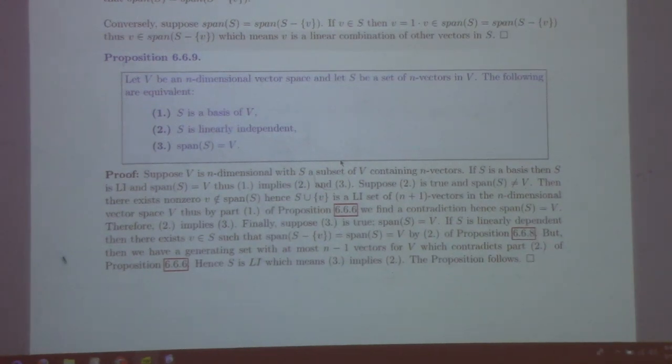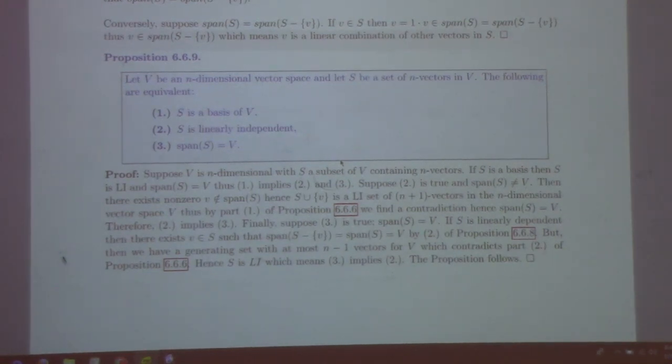Now, the context is important. If we know we're in an n-dimensional vector space, the following three conditions are equivalent: S is a basis, S is linearly independent, the span of S is V. In other words, if you have a set of n vectors in an n-dimensional vector space and that set is linearly independent, it automatically spans.